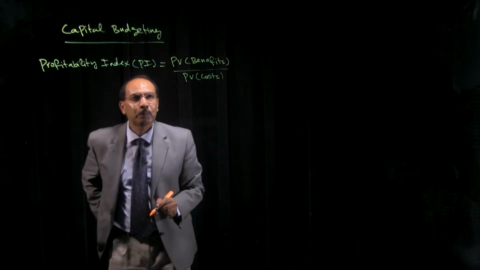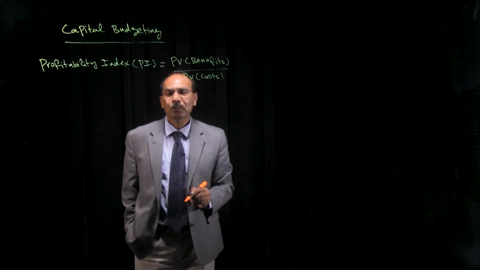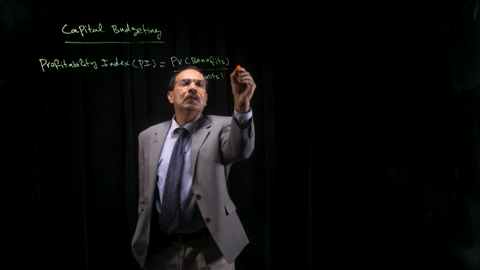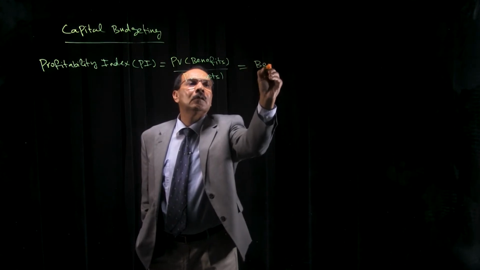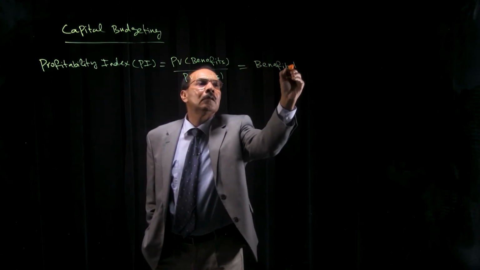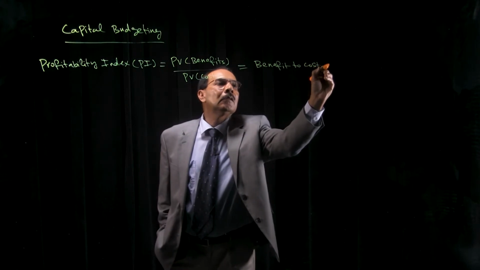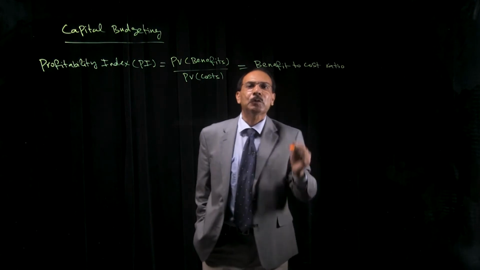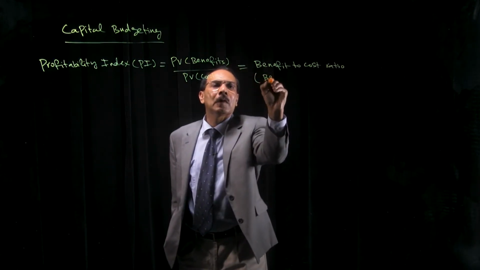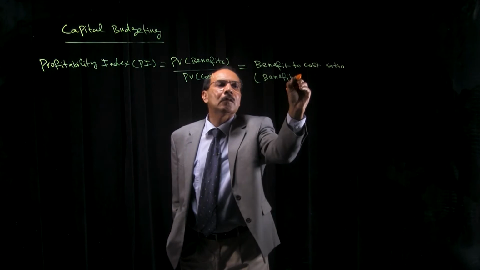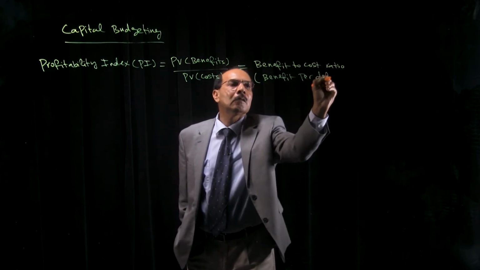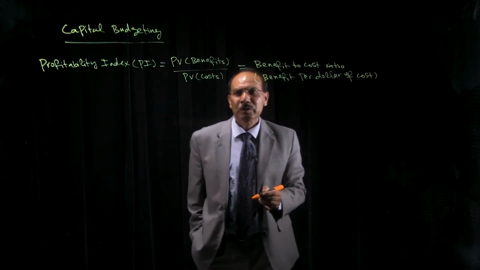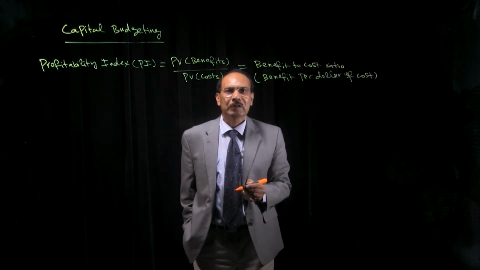And it is essentially the present value of the benefits of the project divided by the present value of the cost. And basically, it is a benefit to cost ratio, or we can say it's going to be the benefit per dollar cost.